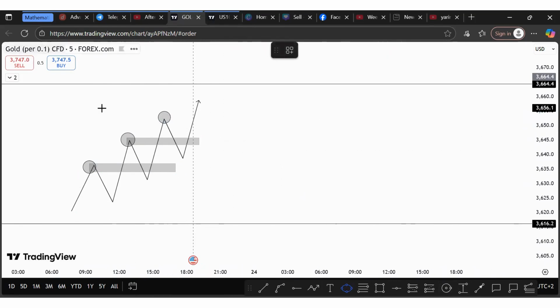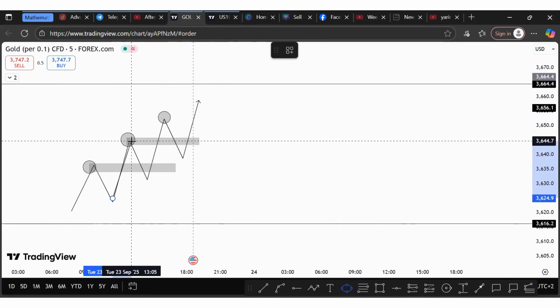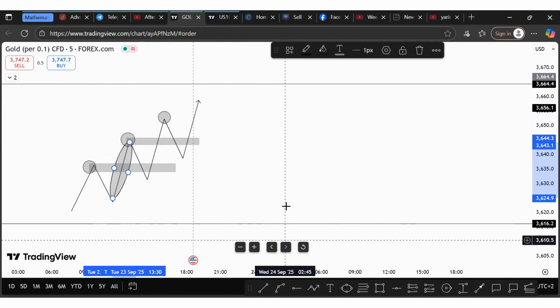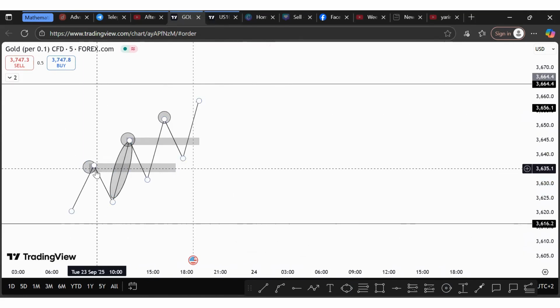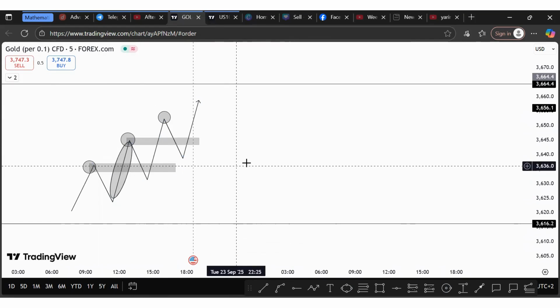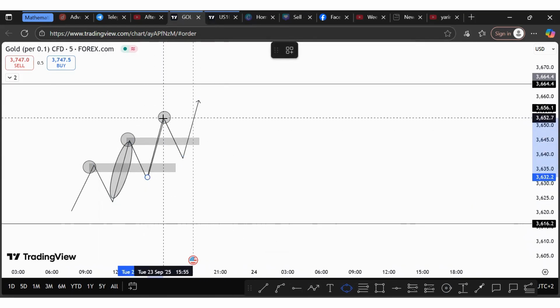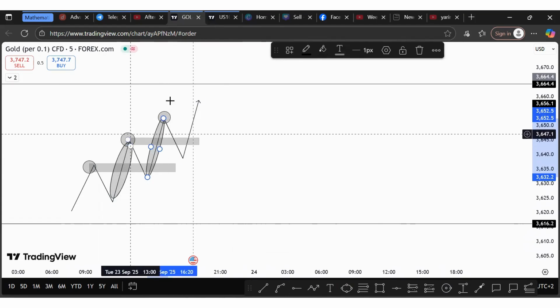So this movement here is what we call the indication. This movement here is actually a continuation, but this here, breaking the previous high, is the indication that you're looking for. It shows that you can buy above this level.